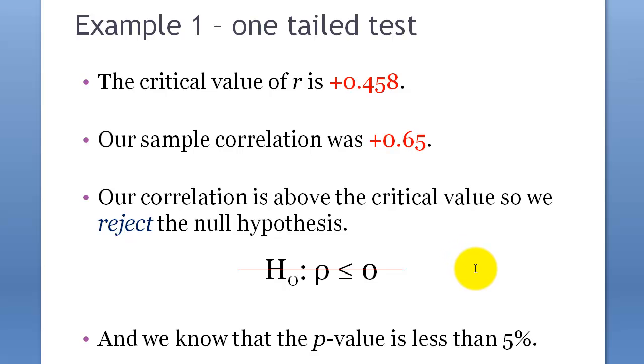Not P, this is rho, equals 0 or less than 0. And we know that the P value is less than 5%. So that's how you can just say P is less than 5.